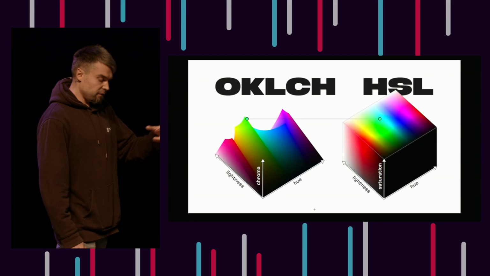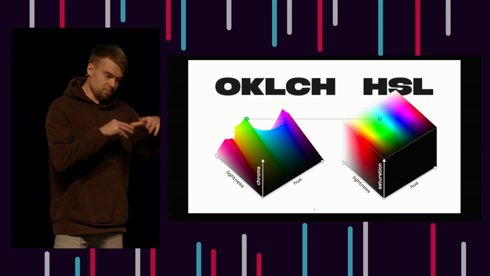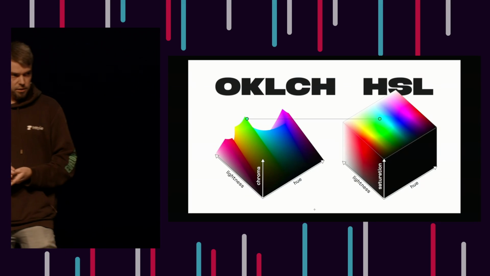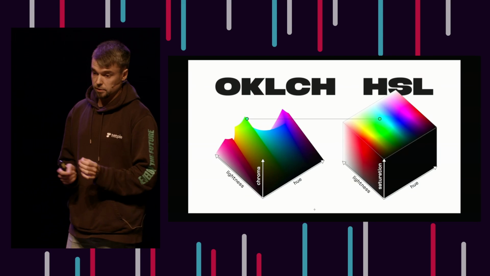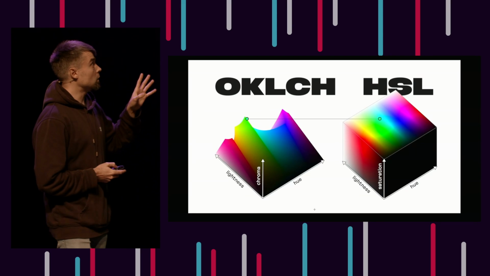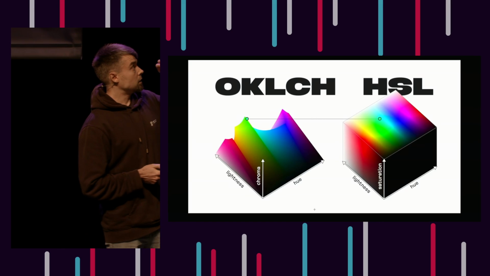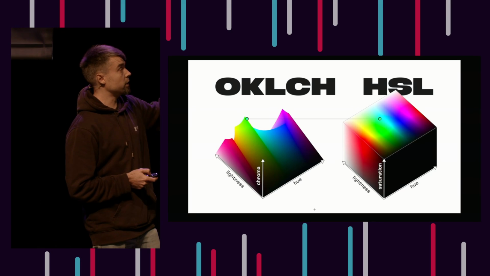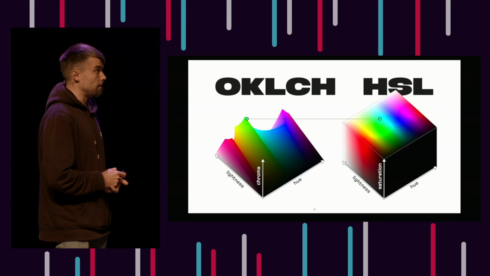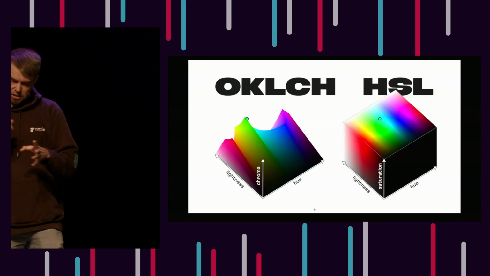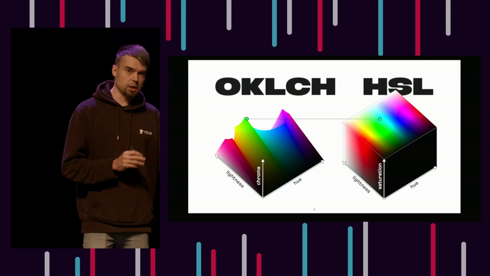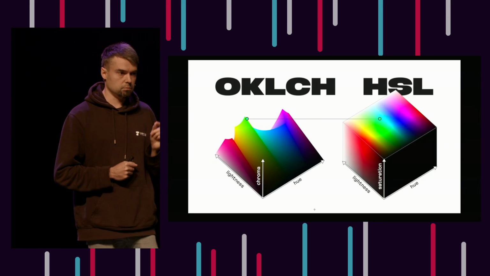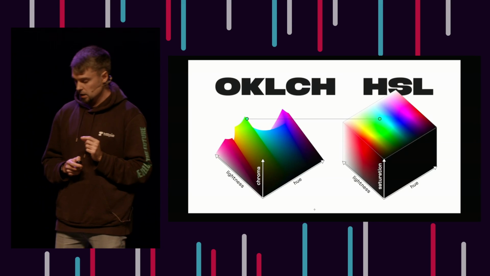But despite the fact that OKLCH uses a quite similar set of coordinates, they work in a whole different way. Here are two spectrums of colors produced by OKLCH and by HSL. The OKLCH spectrum is quite irregular, but for one good reason.